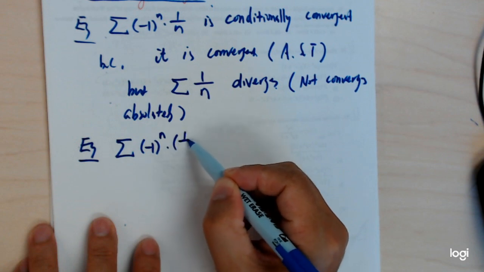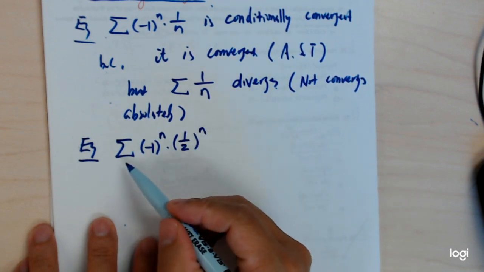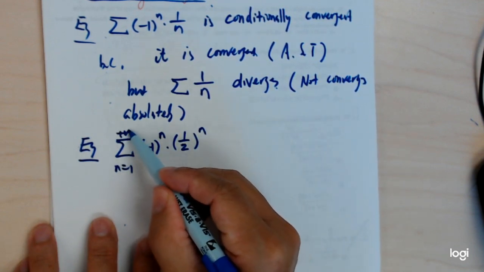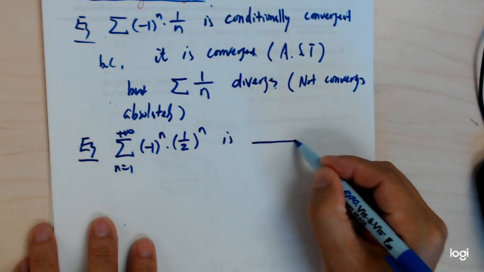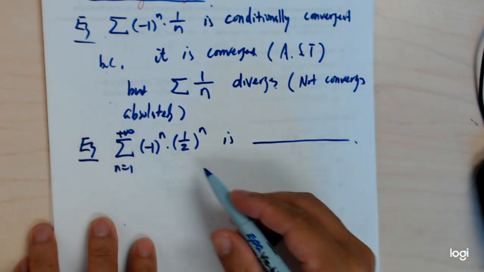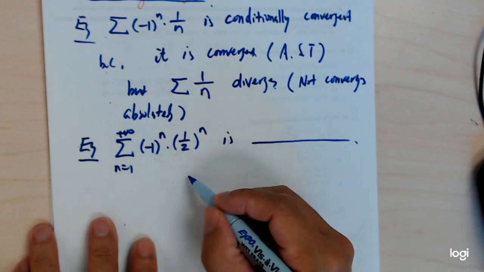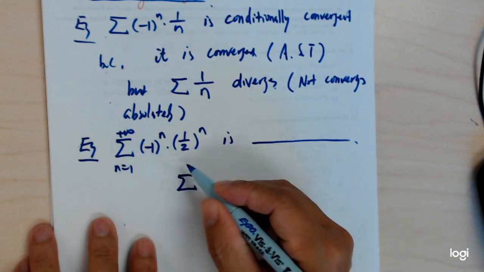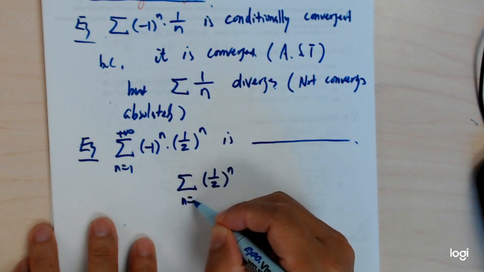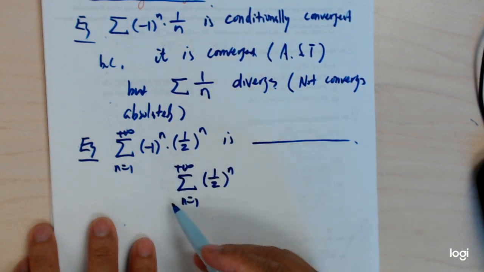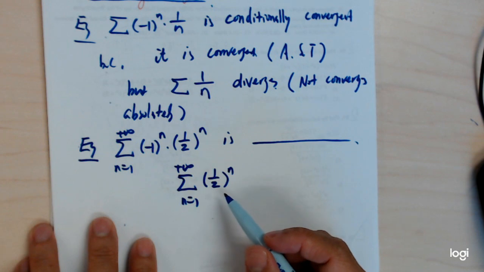Let's think about this guy. Does this one converge absolutely or conditionally? So obviously you have to take the absolute value of this thing and check it out, okay? Let's take the absolute value. You get a series like this, which by now we know is a geometric series.